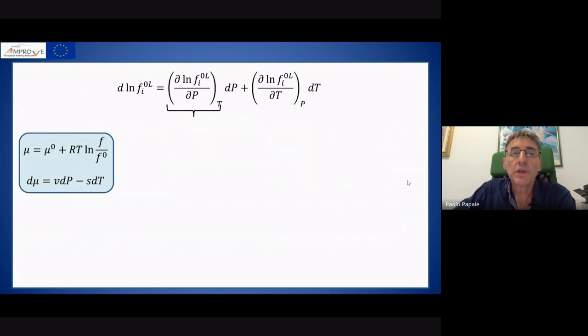Once again, we refer to a hypothetical state of pure component dissolved in the liquid. For a pure component, we can employ the expression for the chemical potential to obtain an expression for the logarithm of fugacity.